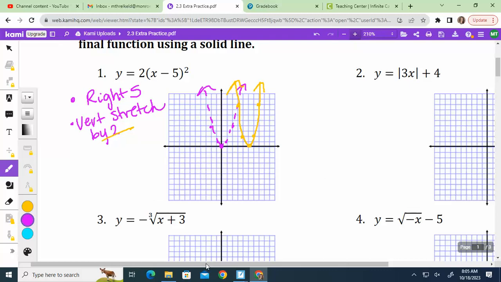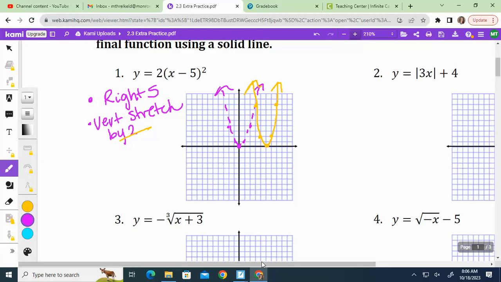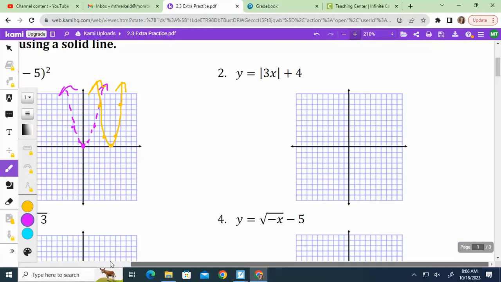All right, let's look at number 2. So inside is x and it does the opposite. So what will that 3 do? So inside is horizontal, does the opposite, so it's a horizontal shrink.